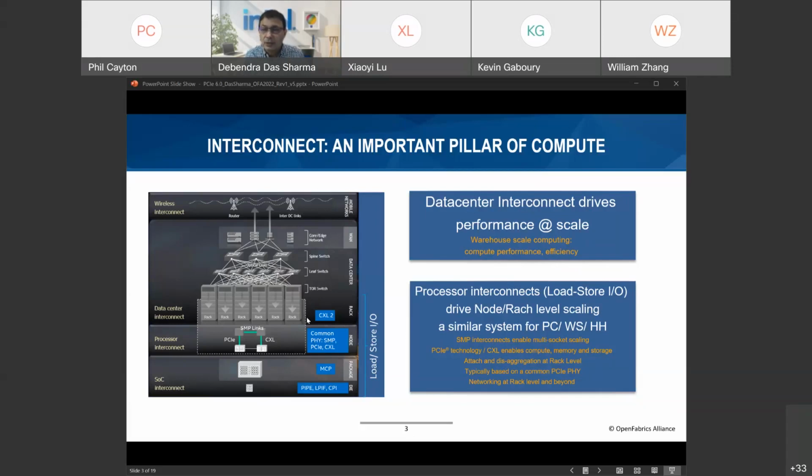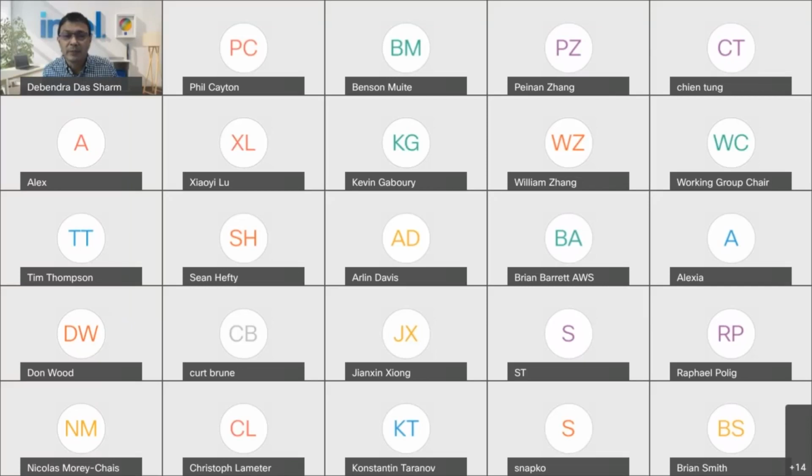So it's important that PCI Express technology evolves to accommodate the needs of things that we do today at the node level, as well as going forward at the rack level. And these include not just IO devices, but also, with CXL, things like memory expansion. So bandwidth and low latency both become extremely important.